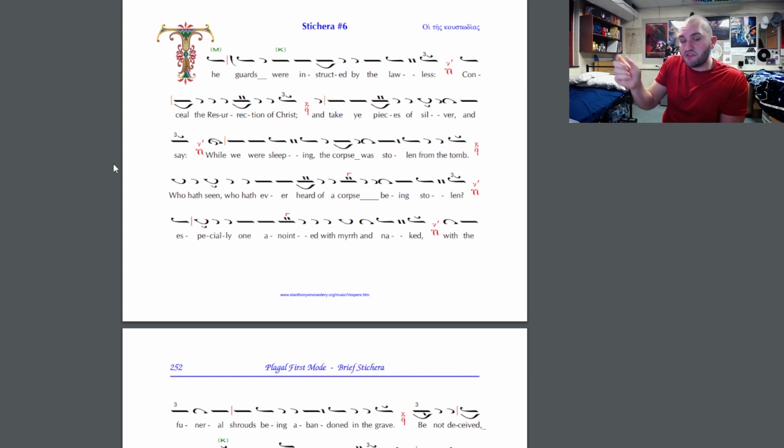If you sing from underneath, it'll sound like this. The guards were instructed by the lawless, conceal the resurrection of Christ. It sounds horrible. Versus, the guards were instructed by the lawless, conceal the resurrection of Christ.